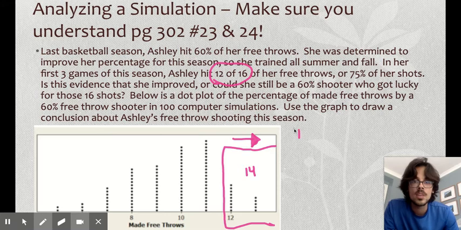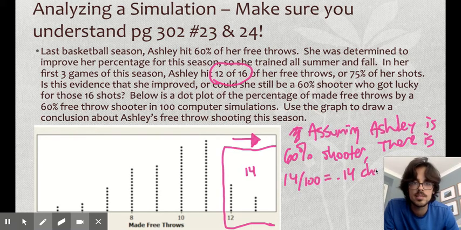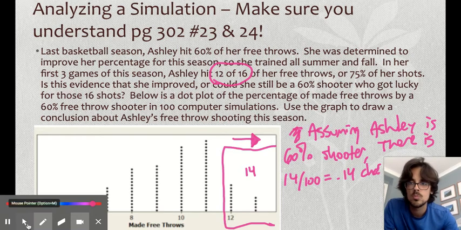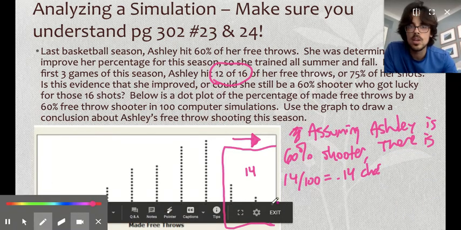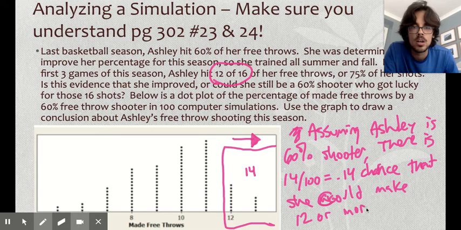So assuming Ashley is a 60% shooter, there is a 14 out of 100, which is like 14% chance that she could make 12 or more out of 16 shots.